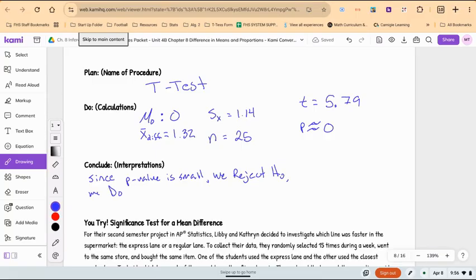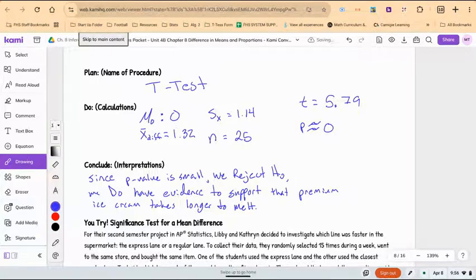We do have evidence to support that premium ice cream takes longer to melt. Okay, so if you're given the statistics, no big deal. We run the test that we did in chapter 7.